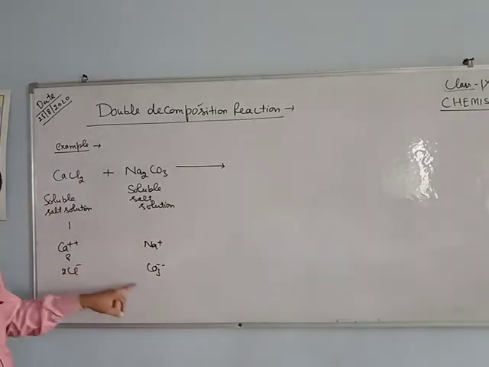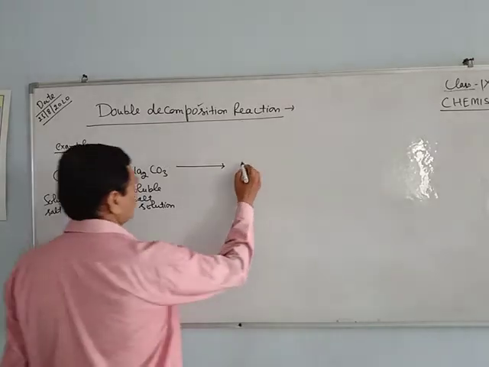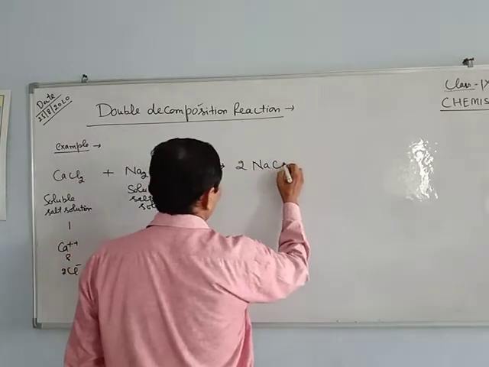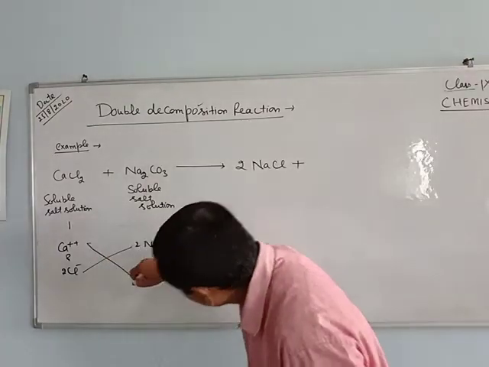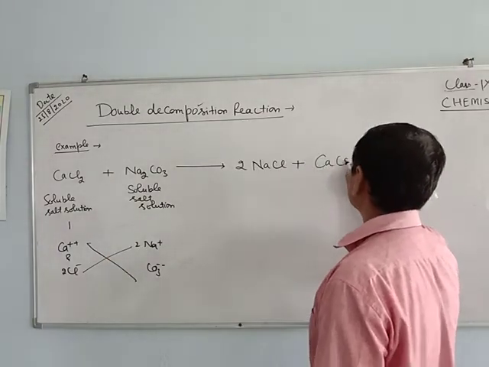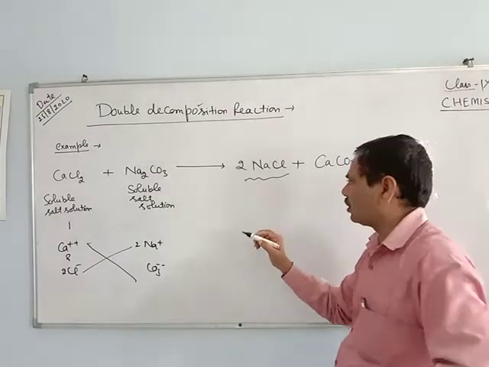Positive will react with the negative, and negative will react with the positive. That is why you will get sodium chloride and calcium carbonate. Sodium chloride is a soluble salt.